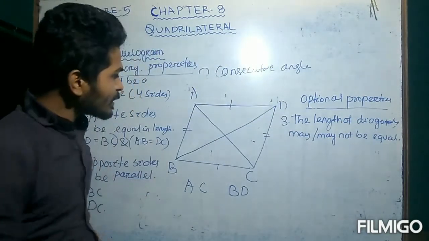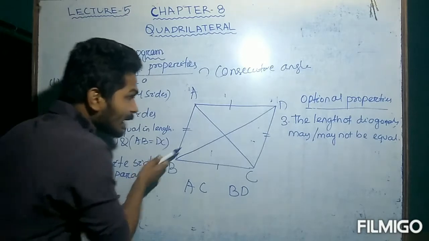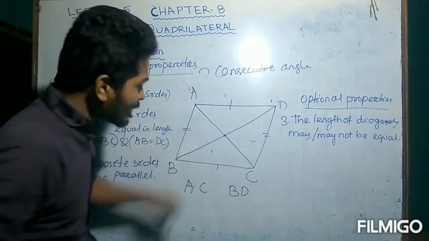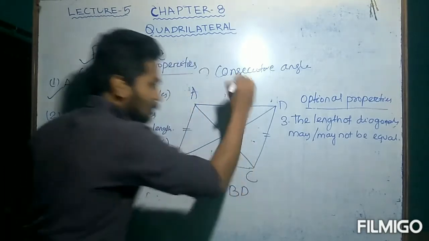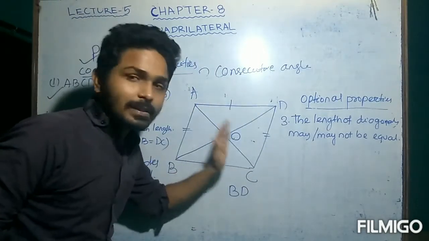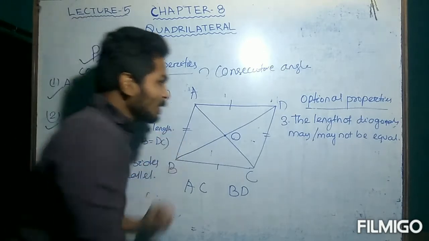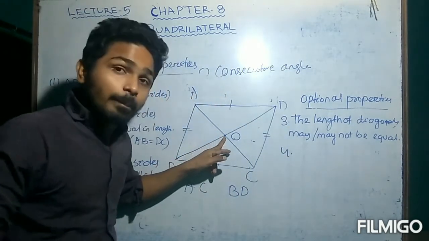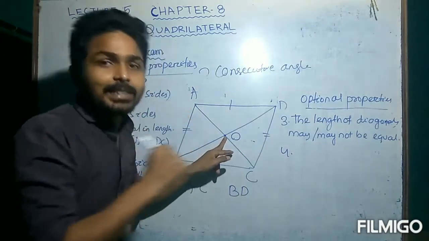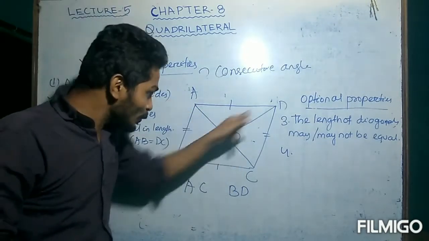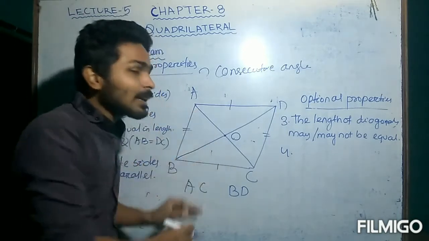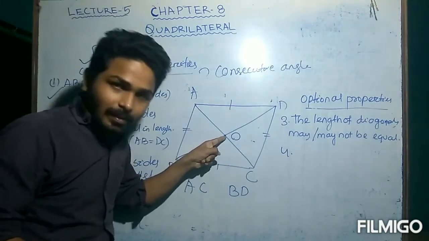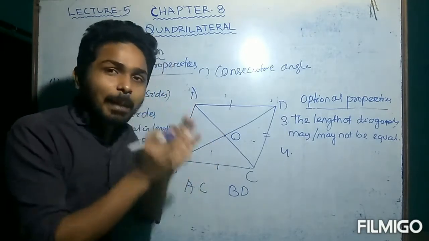Second thing, as you can see, the diagonal AC and the diagonal BD meet each other at a common point, isn't it? Yes. Let's say this point is O. Now, according to the fourth property, at the point of intersection between the two diagonals, each diagonal is bisected.